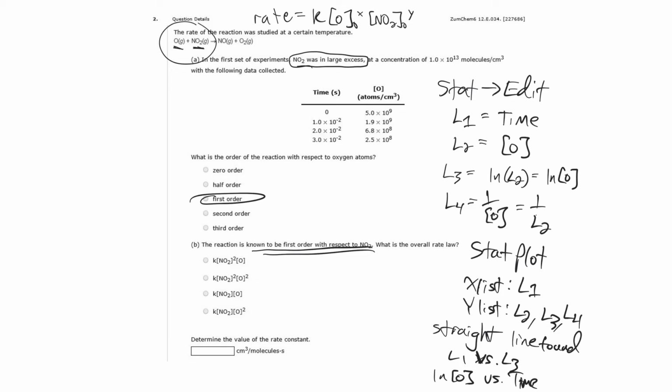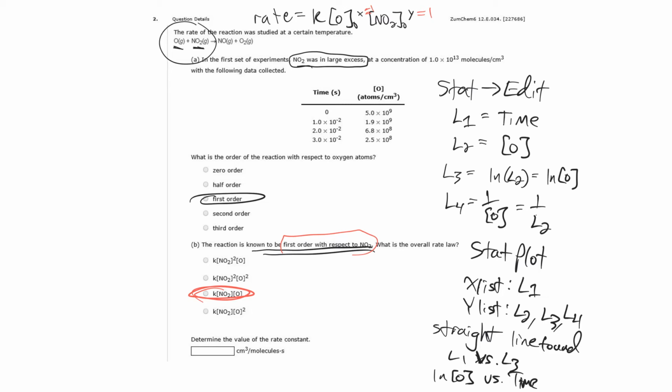At this point, we know that the reaction is first order with respect to oxygen, so that means x is 1. And they're telling us right now that it's first order with respect to NO2, so that means y is 1. Well, the only answer choice for which the exponents are both 1 is the third one listed.